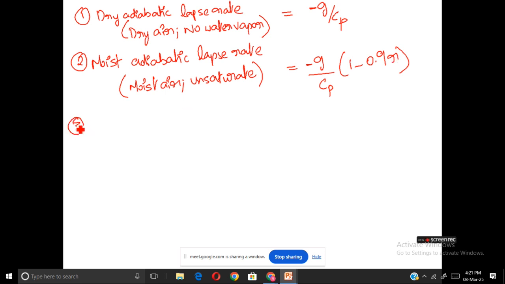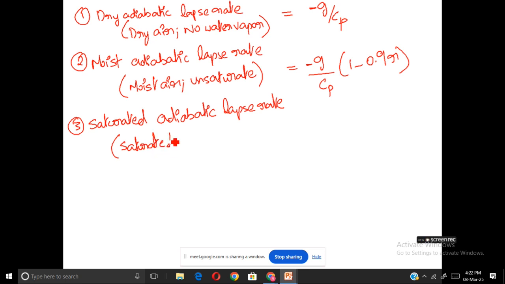Now the third one is the saturated adiabatic lapse rate, which is for a saturated air parcel.